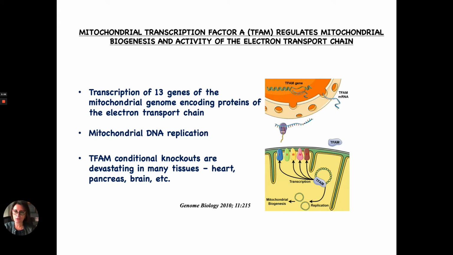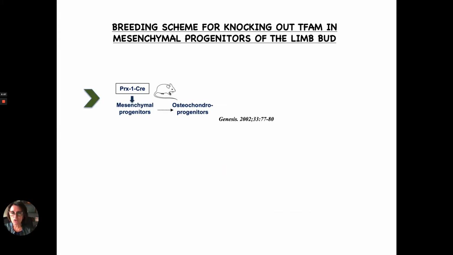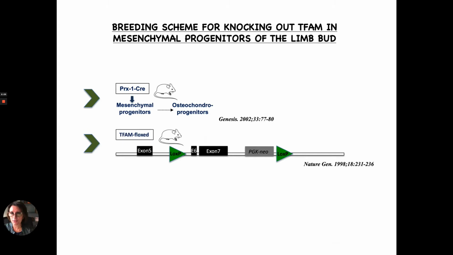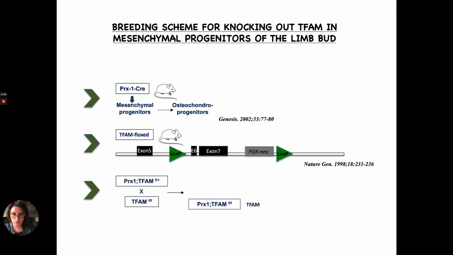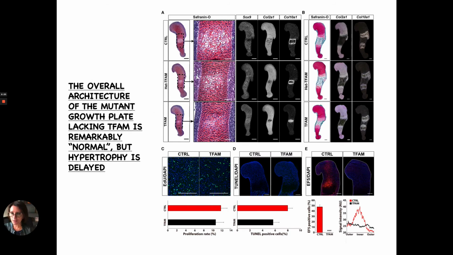Now, the TFAM conditional knockouts have been shown to be devastating in many tissues that are heavily oxygenated, such as the heart and brain. So we used the Prx1-Cre driver that targets the mesenchymal progenitors that give origin to chondrocytes, and we knocked out TFAM in these cells in vivo. The result was quite interesting.